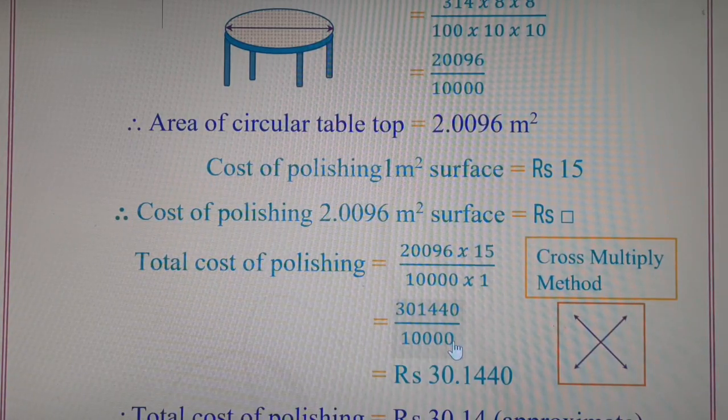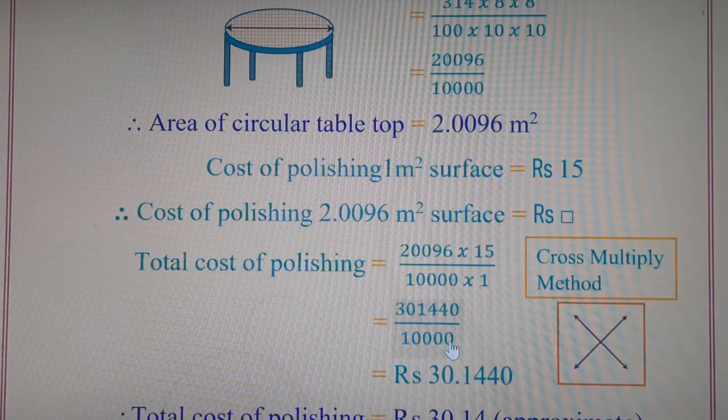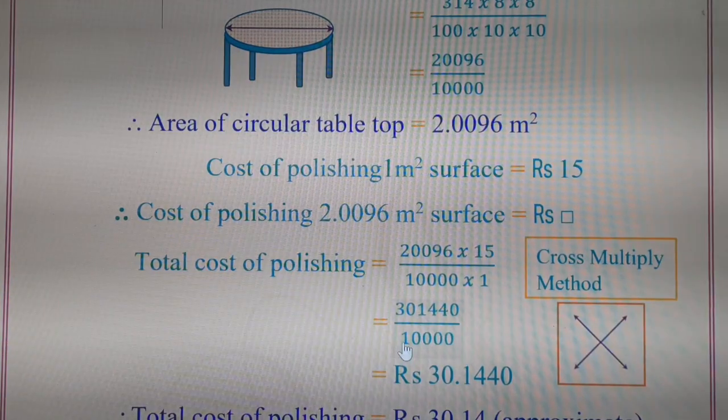Now the denominator 10,000 can be removed by putting a decimal point in the numerator integer. So in order to remove the denominator 10,000, we have to replace it with the decimal point in the numerator integer. So 3,01,440 will have the decimal point after 30. So between 0 and 1 we have to put the decimal point: 30.1440.